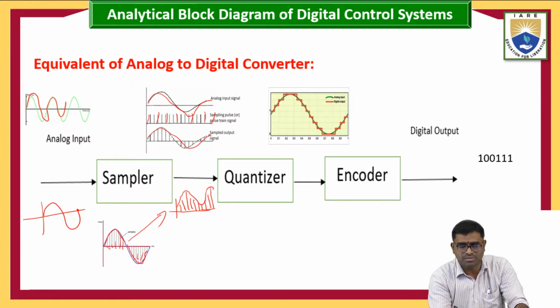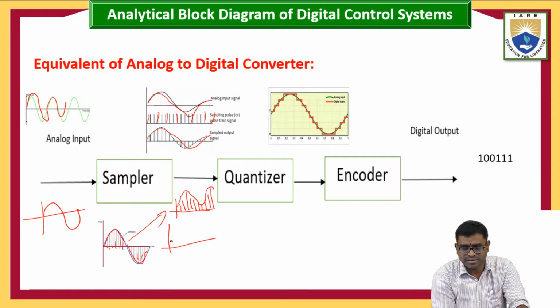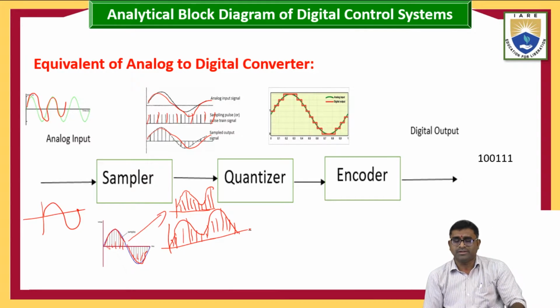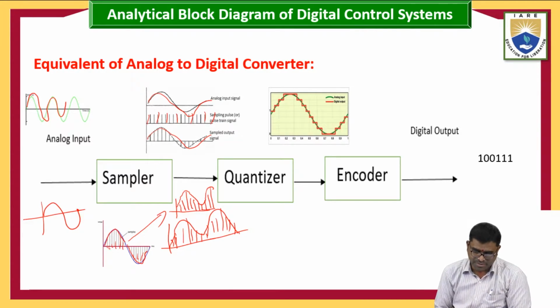The sampler output will be just like lines representation: increasing, decreasing, again increasing to a higher value, decreasing, like this. So it comes as a sinusoidal waveform. After that, the quantizer.